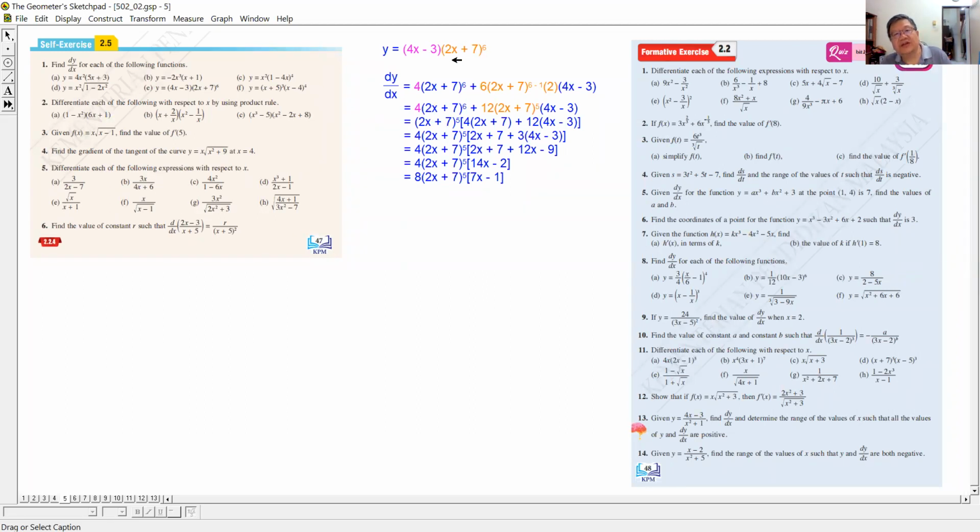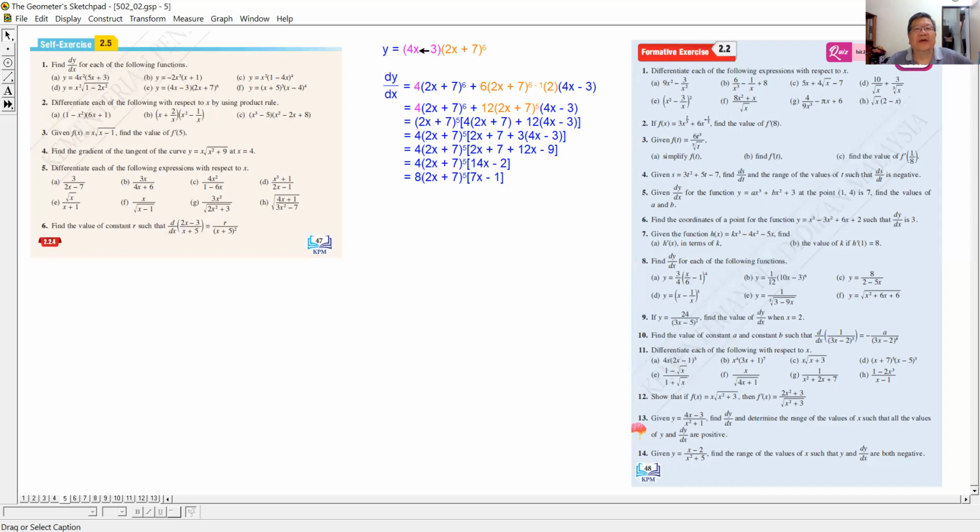The second function is 2x plus 7 raised to the power of 6, which I colored orange. Now I'm going to differentiate the pink color and keep the orange color the same. Afterwards, I'm going to differentiate the orange color and keep the pink color.